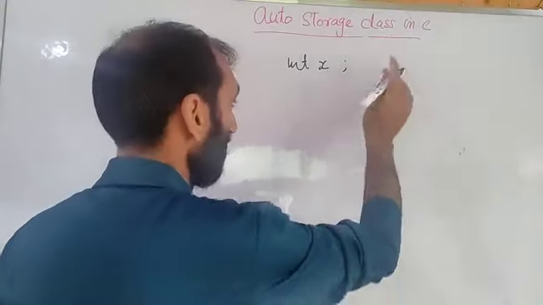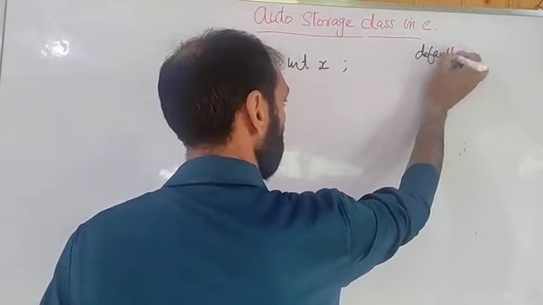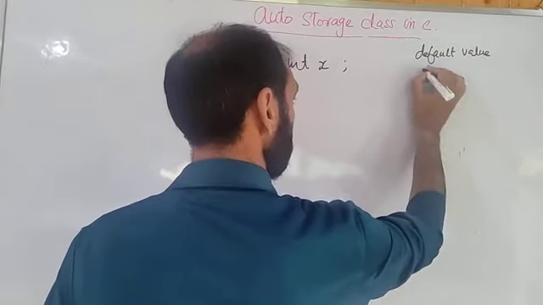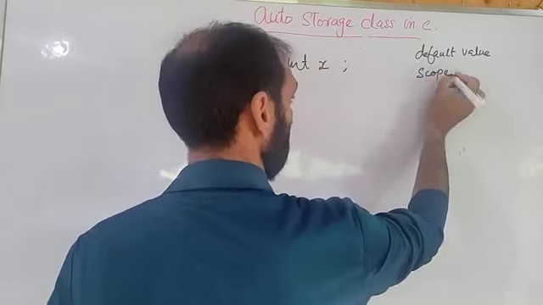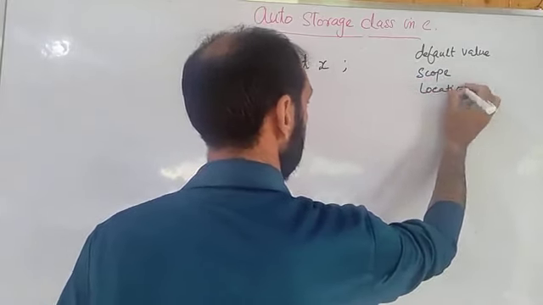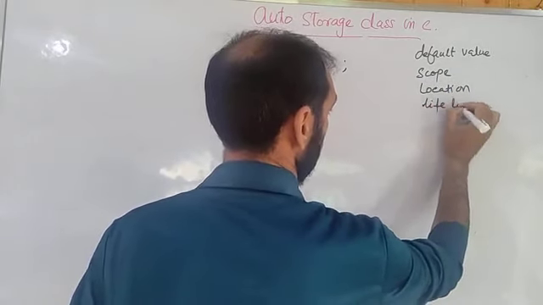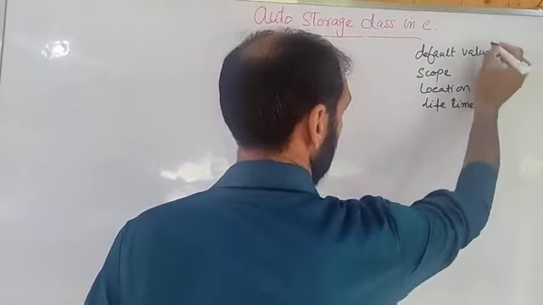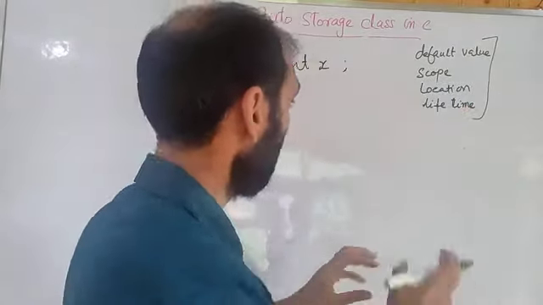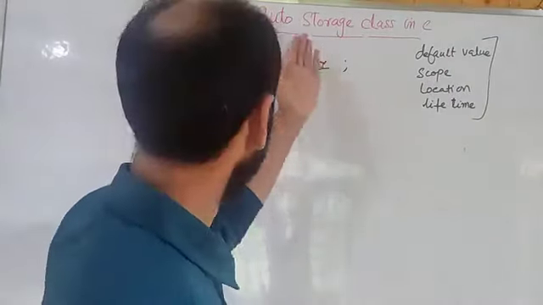And that information is, for example, the default value, the scope of the variable, the location of the variable, and the lifetime of the variable. These things are told by the storage classes.